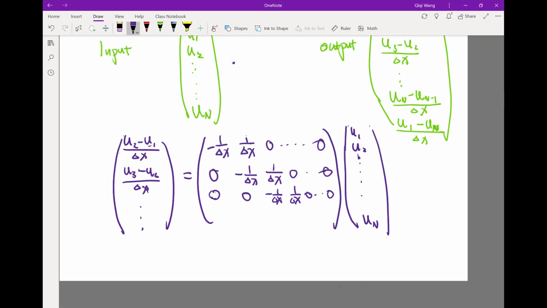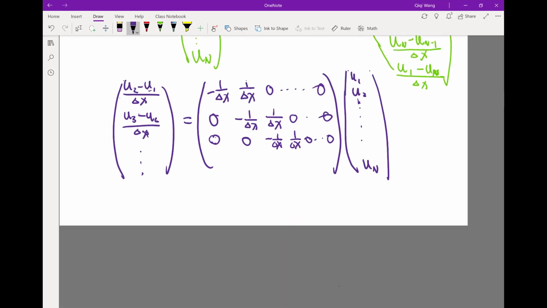Okay, and this continues to the very end, and there is a little bit special at the last row. What is it? So for this matrix, first of all, this matrix is a square matrix. What that means is that the number of columns is the same as the number of rows, right? A square.